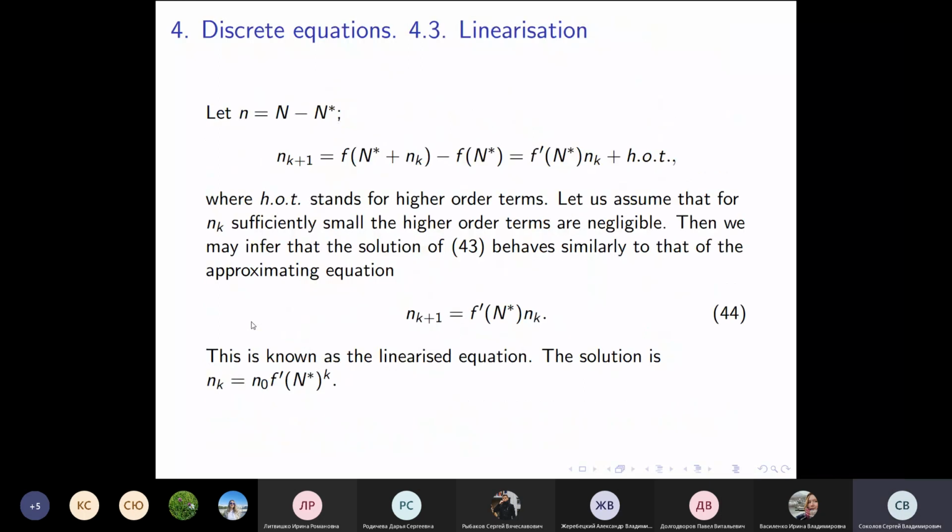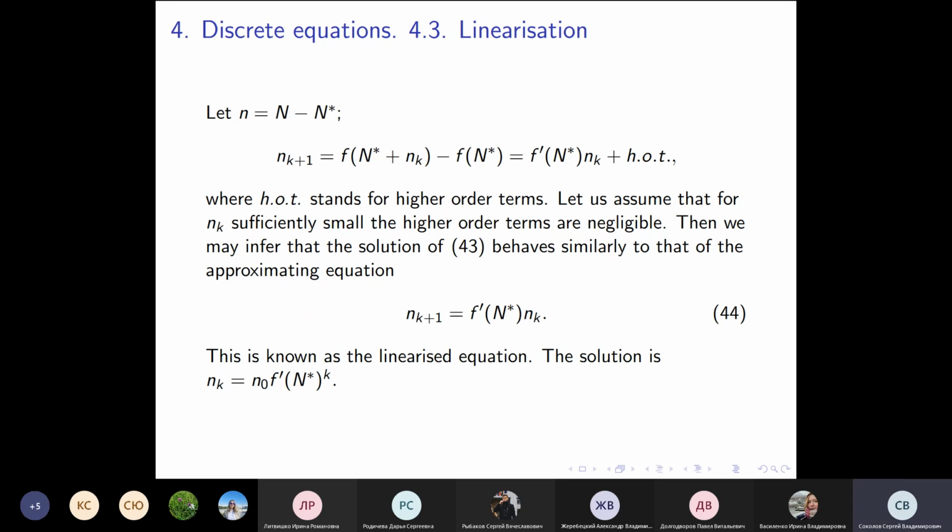Well, we have to talk a bit about the mathematics. We still can analyze our stable states. We can analyze their stability. We can see that this analysis is very close to our linearization in differential equations.